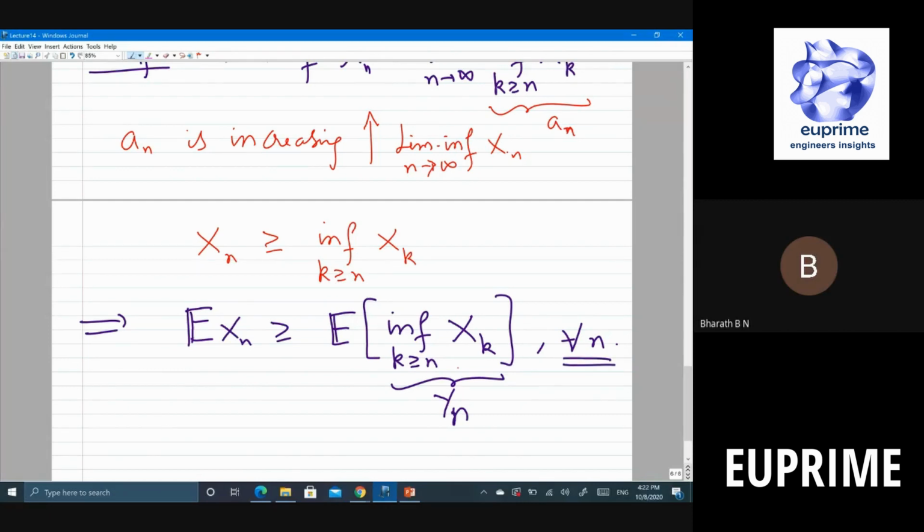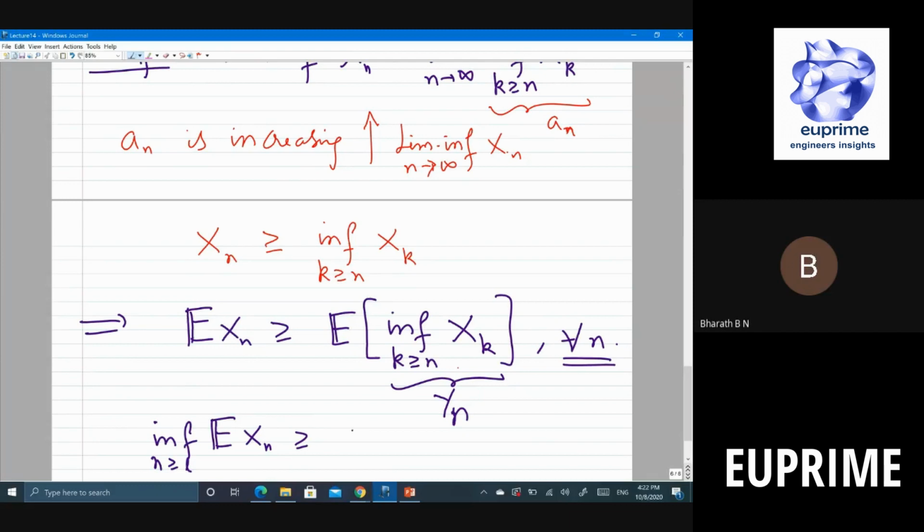So I can take, for example, the infimum over all n of the expected value of xn. Basically, I can look at n greater than or equal to some l. If I take the infimum over all n greater than or equal to l, this is true for every n, right? So you pick any n, that is true. Do you agree? Yes, sir.